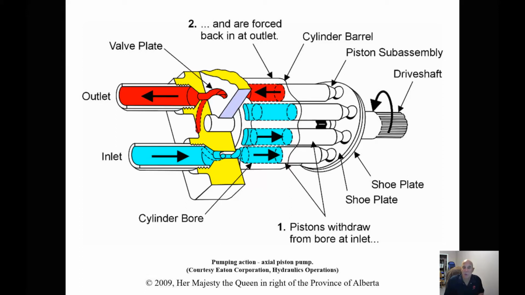What this means is, if we have a variable swash plate, we can bring it up so even though the pump is turning, the pistons are not moving in and out, so it's not displacing any fluid. We usually use one of those in a closed center system, and we'll talk more about that as we get into different types of systems.